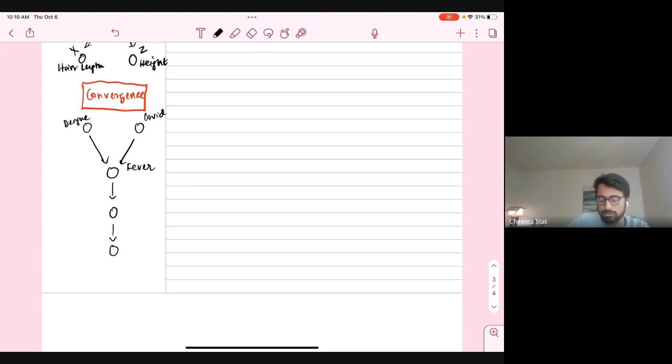And fever causes high temperature, I mean, high temperature is only fever. Okay, so let's say fever causes weakness, and weakness causes fatigue, or something like this. Or let's just take it till this point.